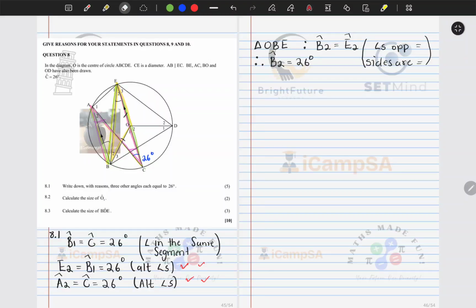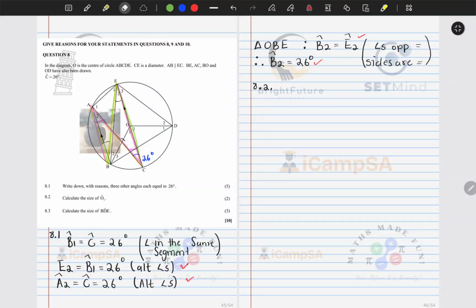So let's go and have a look at the next question. The next question is 8.2. On 8.2, we are required to determine the size of O1. Right. Let's have a look at what is happening with O1. What you should be able to see is that O1 is an angle that is at the center.